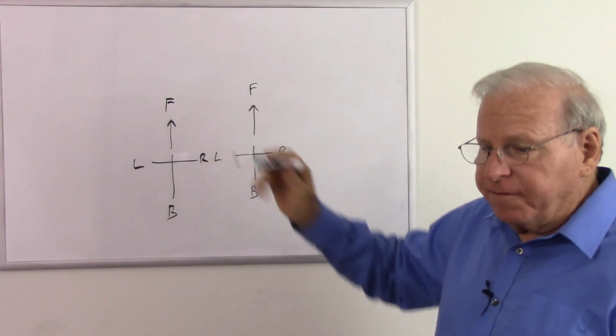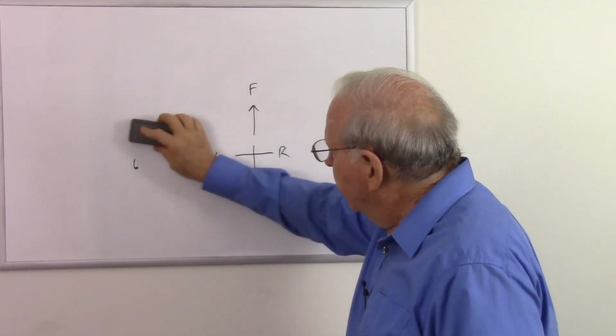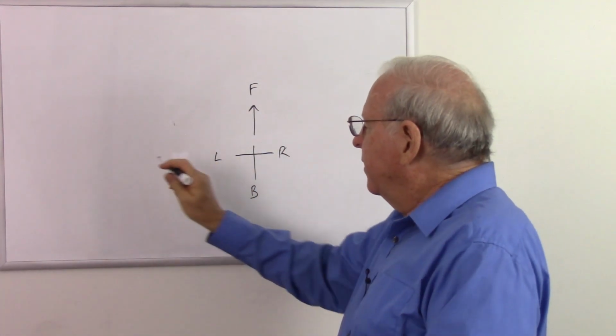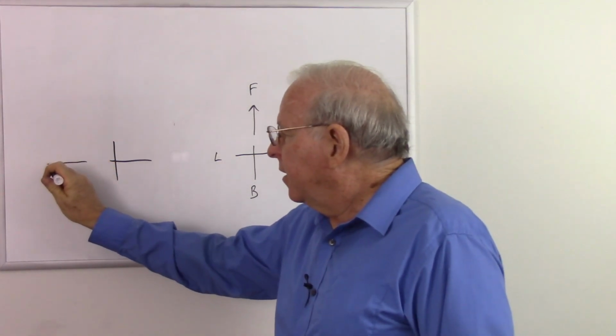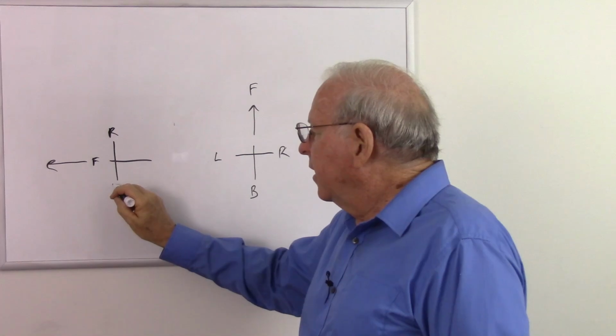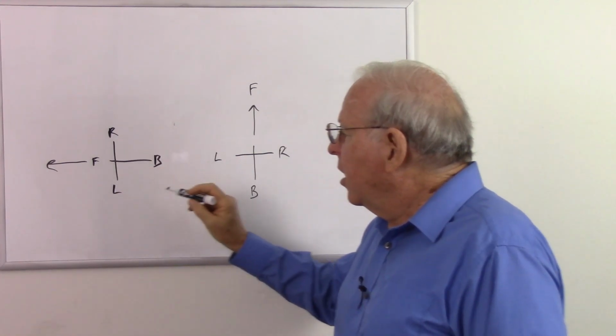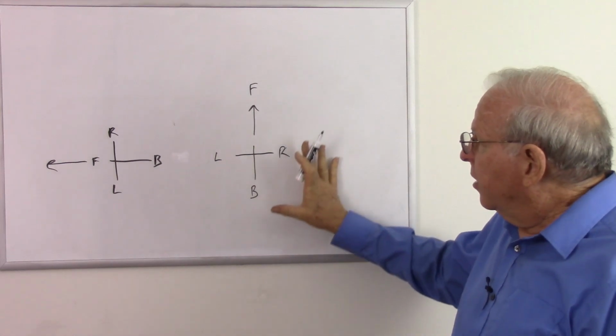But what if they're not flying in the same direction? Let's take our second airplane and have him flying that direction. So his forward, his right, left, and backwards are rotated 90 degrees to the frame of reference of the other airplane.